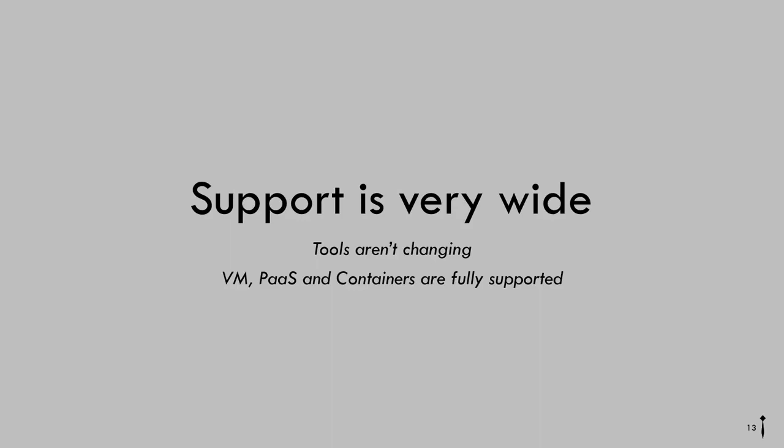And support is very wide because the tools aren't changing. All the steps, all the tasks, all the extensions installed from the marketplace, they're all still fully working and supported both in classic build and releases or the YAML files. As of today, for release in particular, VMs, platform as a service, and containers are fully supported. So you really don't have any problem in moving away from one to the other. But at the same time, you should only do so if you need it.